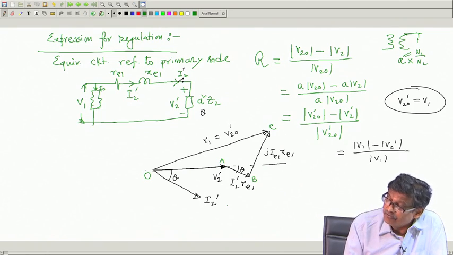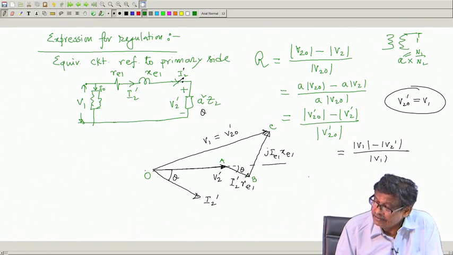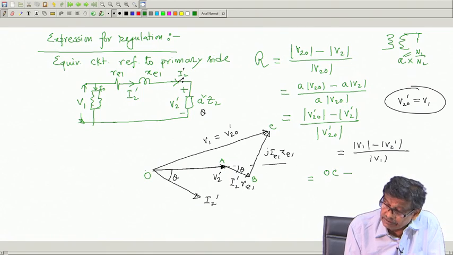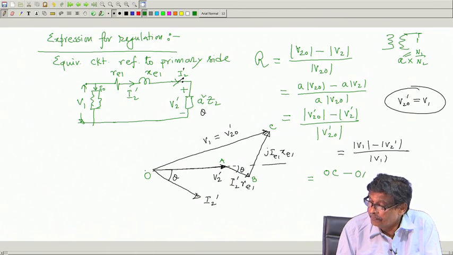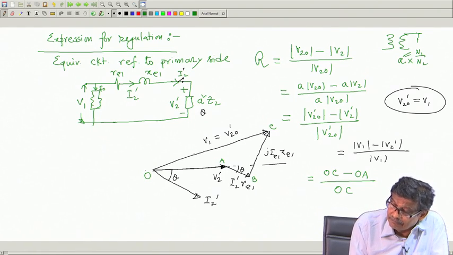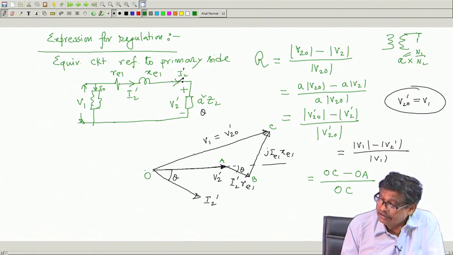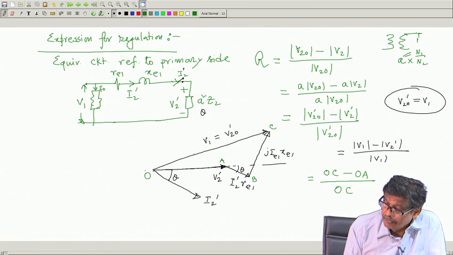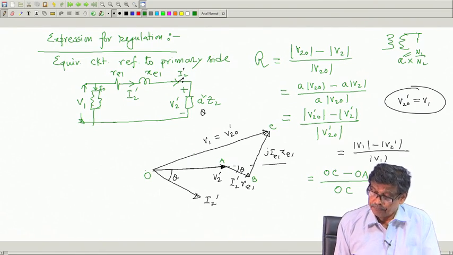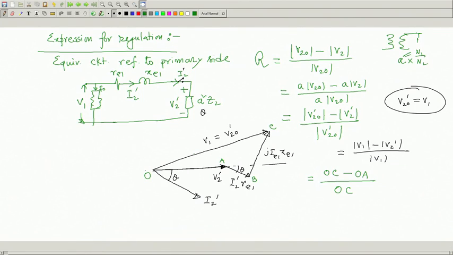Then magnitude of V 1 means length O C, this length minus V 2 dashed O A divided by O C. Now, I am writing length, this length minus O A divided by O C, this will be regulation. Clear? So it will be like this.